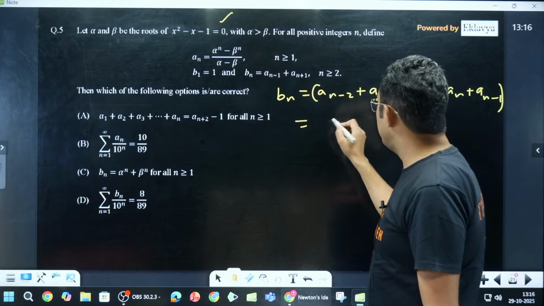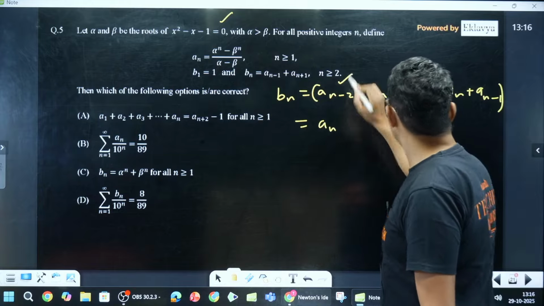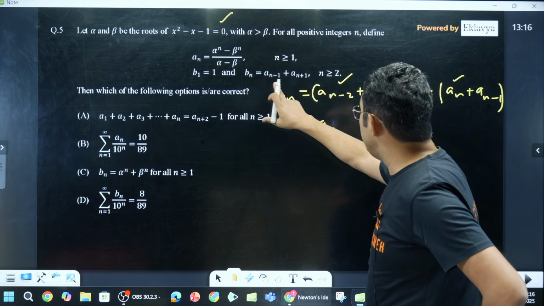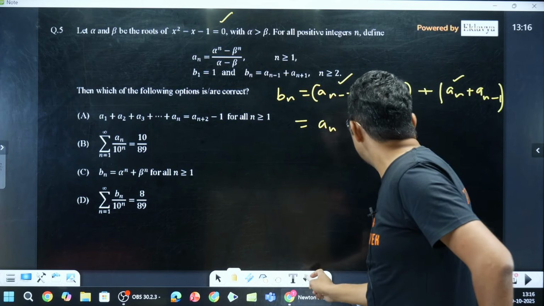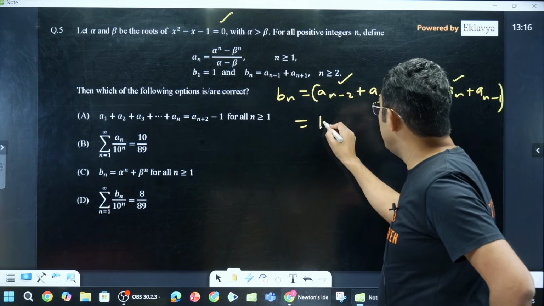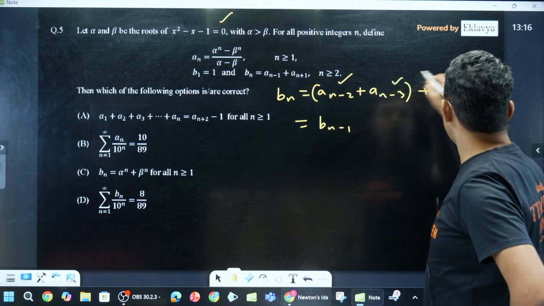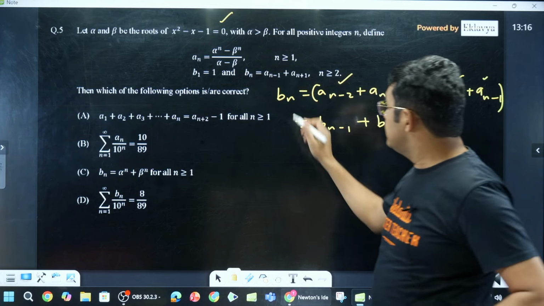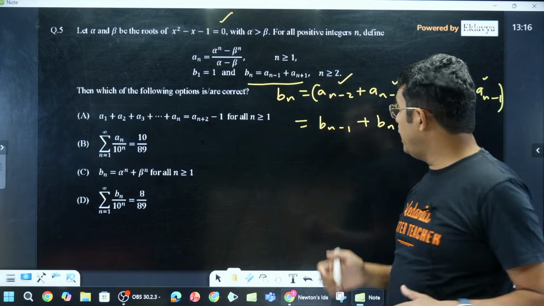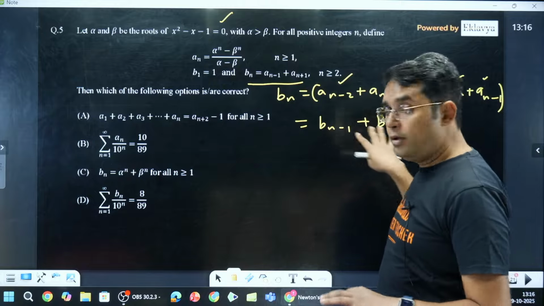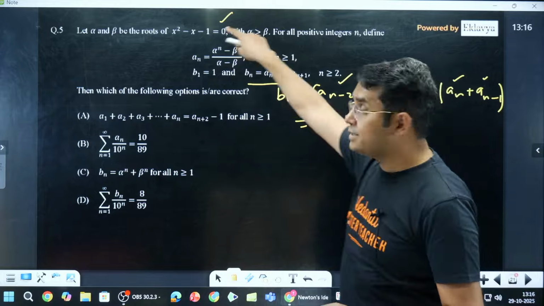Now if you combine them, I think, let me write it directly. This will be Bn minus 1 and the other two will be Bn minus 2. You can check. So you can see this Bn will also be having similar recurrence relation among them. So this will be satisfying same quadratic.